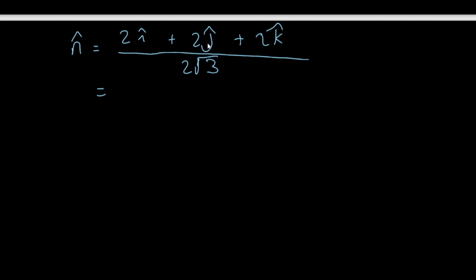We can see that the 2's cancel off. So what we're left with is 1 over root 3 times i hat plus j hat plus k hat. Okay, and that is our final answer.